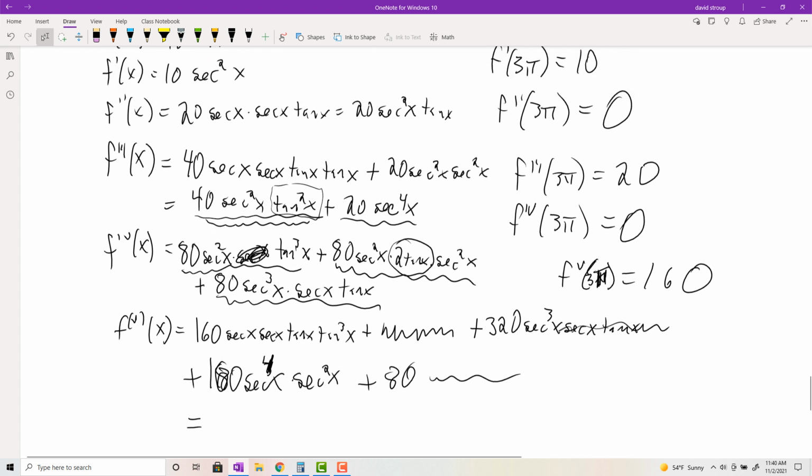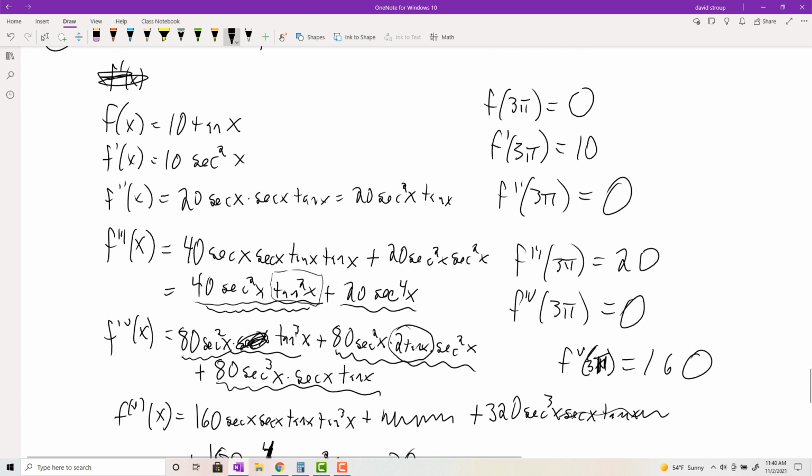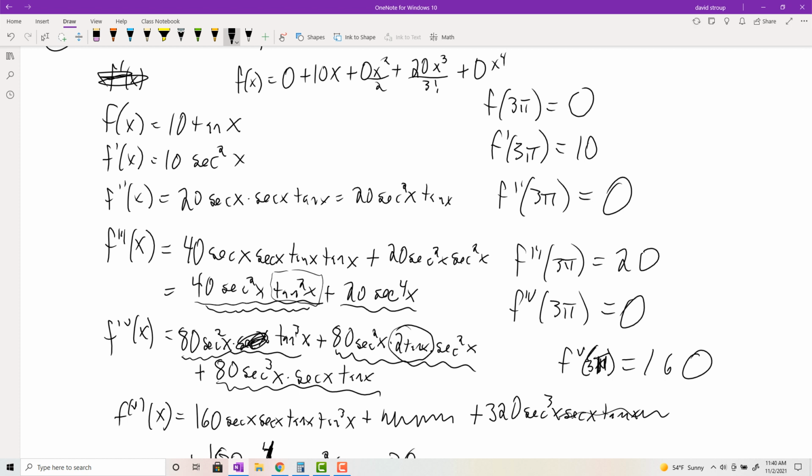So the first 3 non-zero terms from this baloney, f of x would be 0 plus 10x plus 0x squared over 2 plus 20x cubed over 3 factorial plus 0 x to the 4th over 4 factorial plus 160 x to the 5th over 5 factorial.